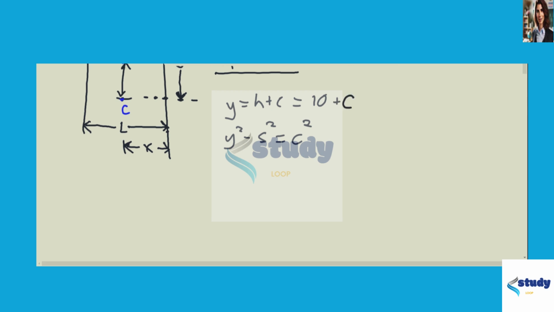We plug equation 1 into equation 2, and we find that (10 plus C) squared minus 12.5 squared, which is S, is equal to C squared, which shows us that C is equal to 2.8 feet.